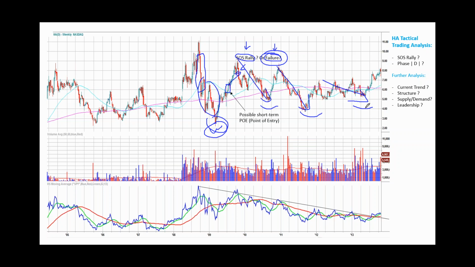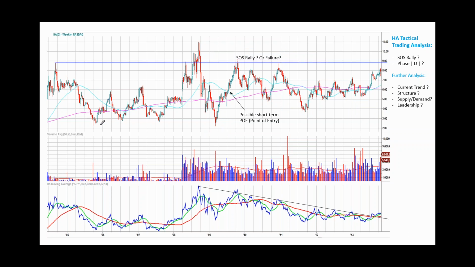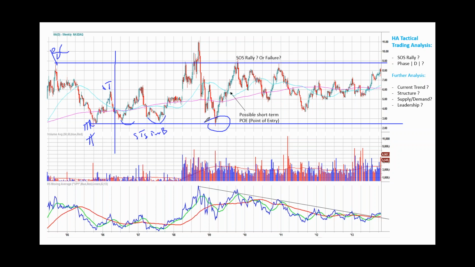And then therefore, Brian, really quickly again, let's go through the structure. If this is the whole structure that we're looking at, then we're still gonna label this as phase A, climactic action, automatic reaction, secondary test, tests in B, secondary tests in B. Then what is this?